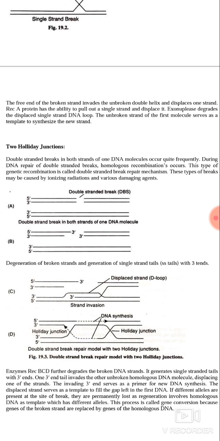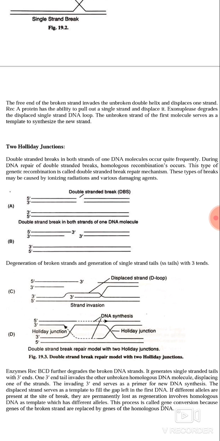This is the diagram of the double strand break repair model with two Holliday junctions. In diagram A, there is a double strand break in both strands of the DNA molecule. Next, degradation of broken strands and generation of single strand tails with 3' ends.